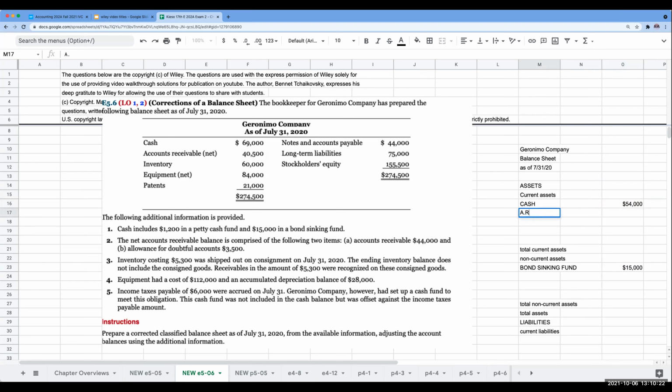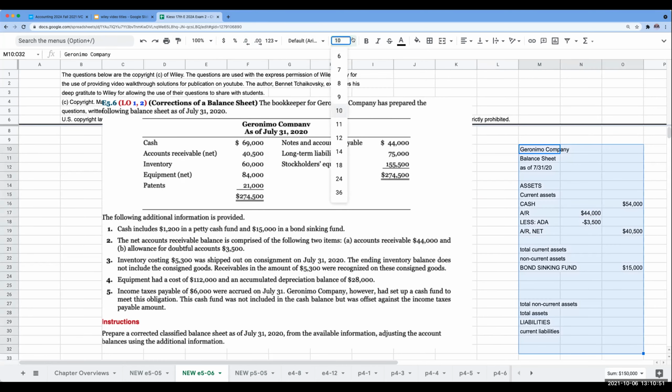So when I go over here, accounts receivable less the allowance for doubtful accounts is going to give me accounts receivable net. So my accounts receivable gross is 44,000 minus my allowance for doubtful accounts, which is 3,500, giving me accounts receivable net of 40,500. So that's where that number is coming from.